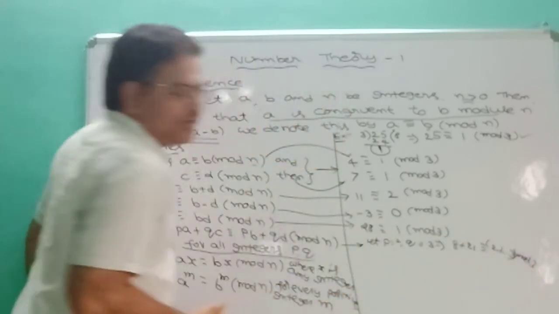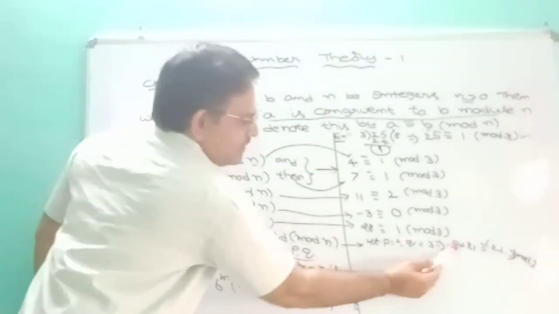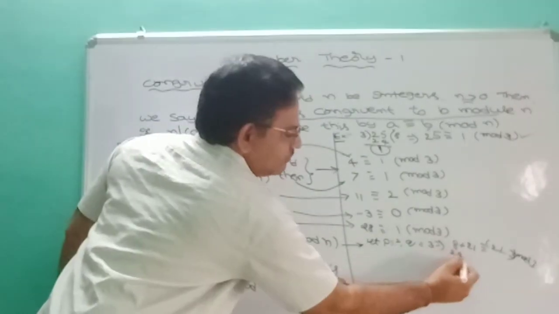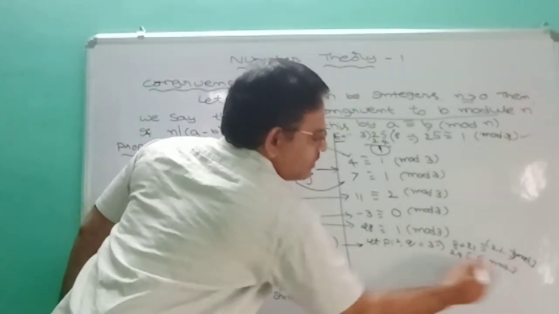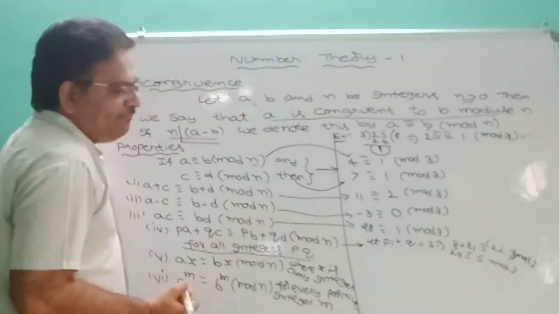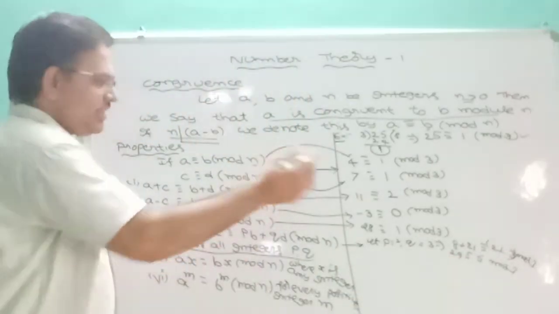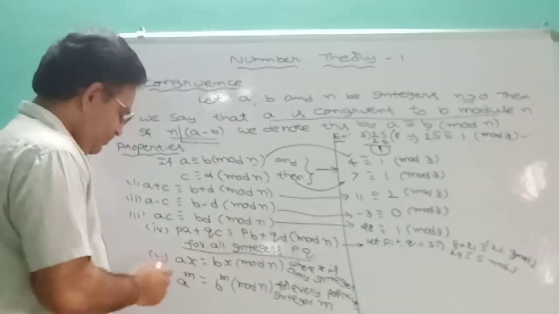Is it true or false? 21 plus 8 is 29, congruent to 2 plus 3, 5, mod 3. 29 minus 5 is 24, and 24 is divisible by 3. So this property also proved.